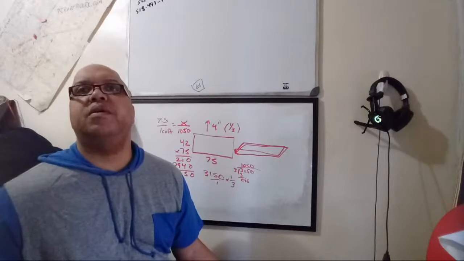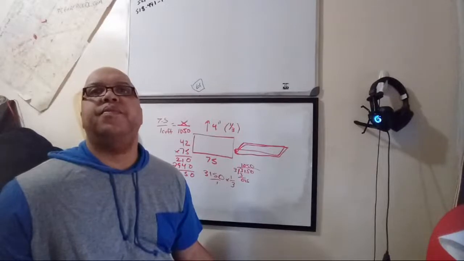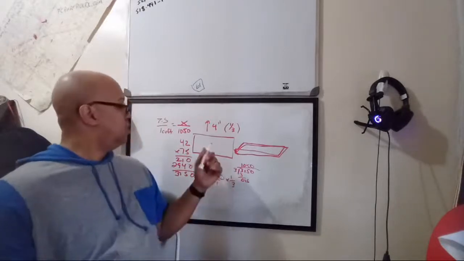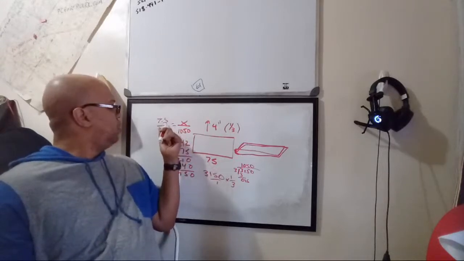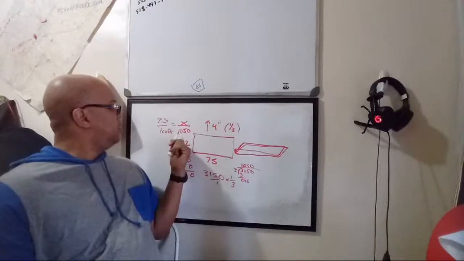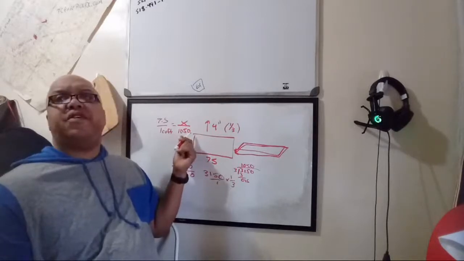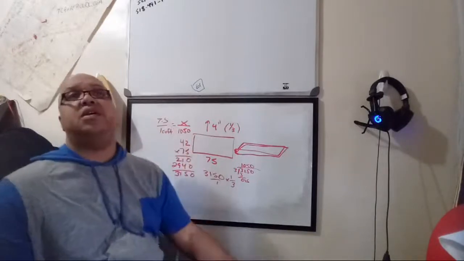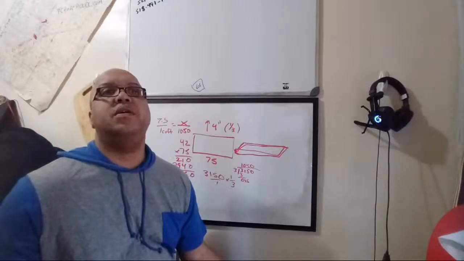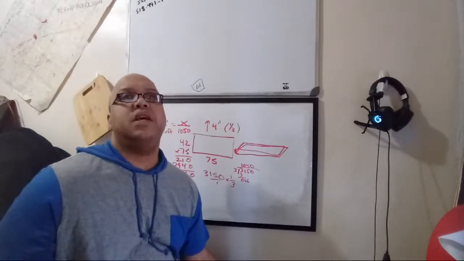Gallons of water I needed. And I think I put the 7.5 in the wrong place. 7.5 is the number of gallons. Yeah, 1,050 times 7.5.